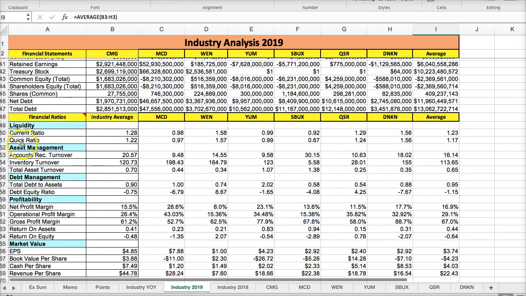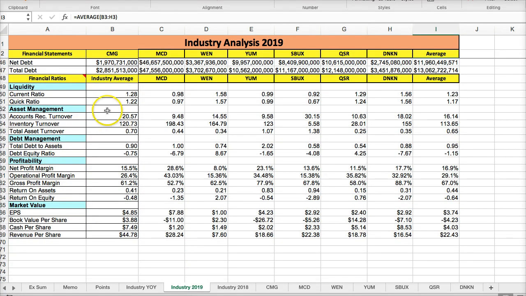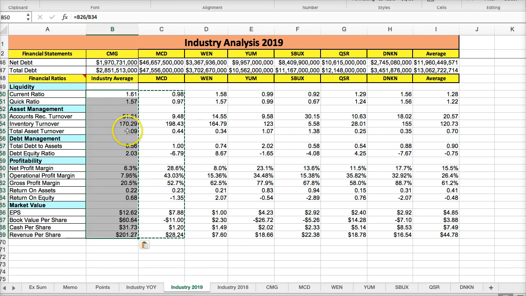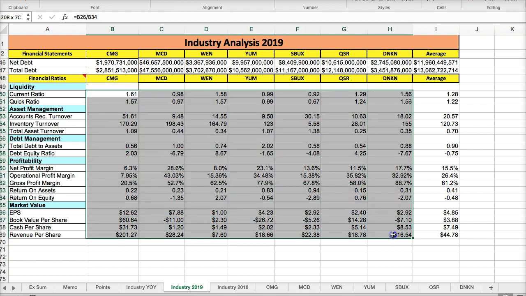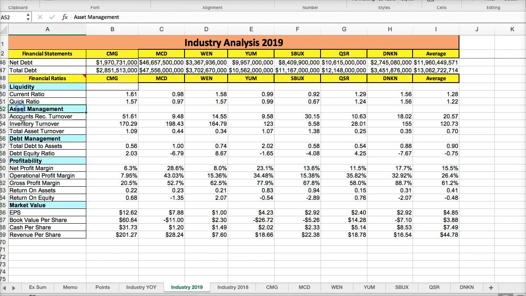And then we could lay out the financial ratios. We have the industry here, and then we have each of the company's individual ratios in the 5 ratio categories: liquidity, asset management, debt management, profitability, and market value.